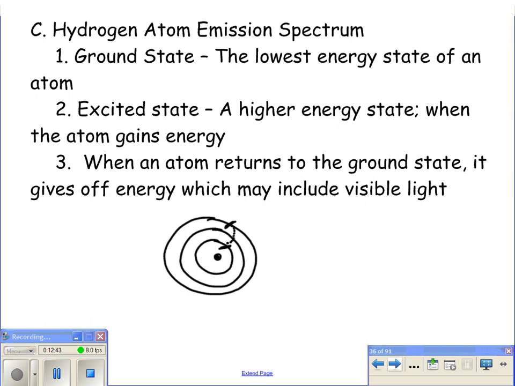When it goes from excited state to ground state, it has to lose energy. And we know we do not create or destroy energy. It's simply moved and transferred from one type to another. So what happens here is the energy is released as a wave, and that wave is what our eyes detect as a certain color.